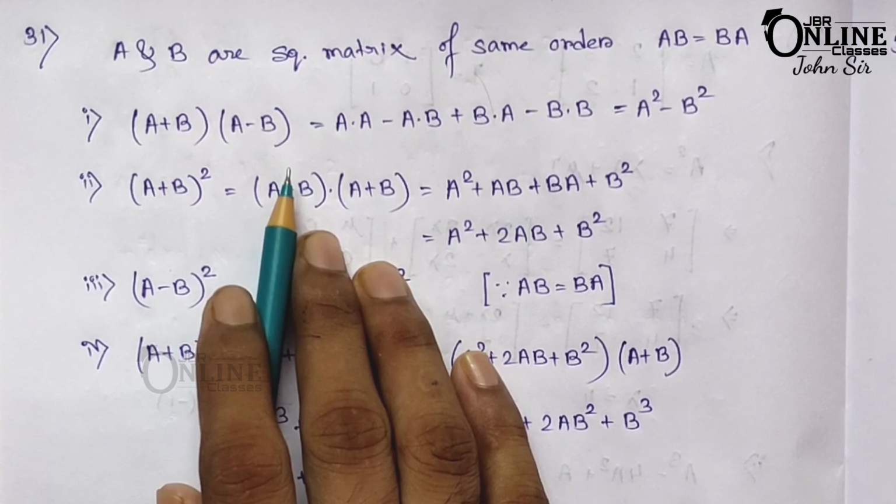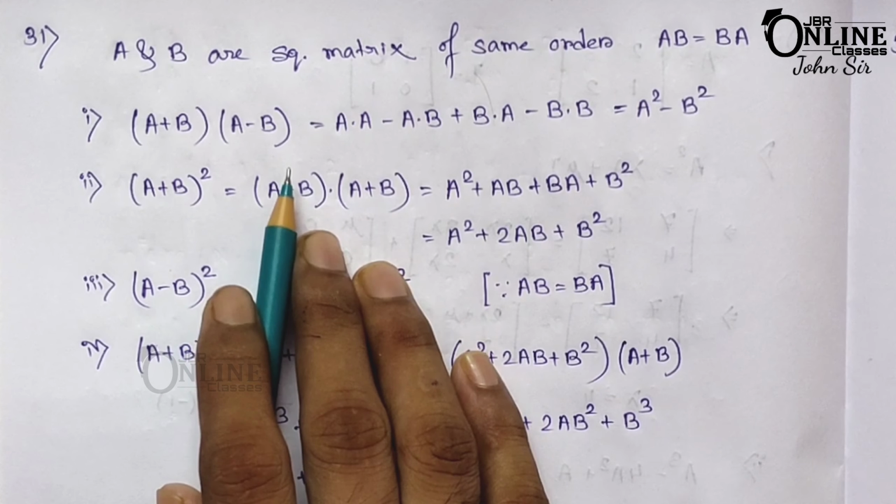So A² − B². It is proved. Then next one, (A + B)² equals (A + B) into (A + B). So A² + AB + BA + B². You know that here AB equals BA, so you can easily write these two additions as 2AB. So A² + 2AB + B². It is also proved. Similarly, (A − B)² equals A² − 2AB + B², the same as the previous one.